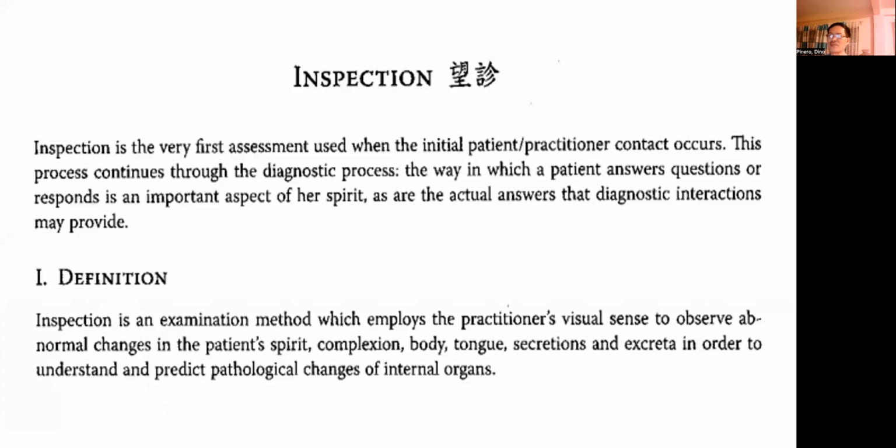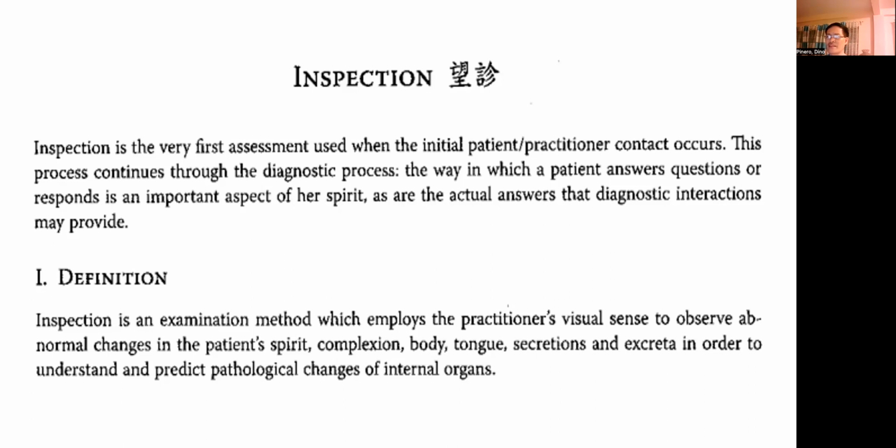This process continues through the diagnostic processes. The way in which a patient answers questions or responds is an important aspect of their spirit, as are the actual answers that diagnostic interactions may provide.